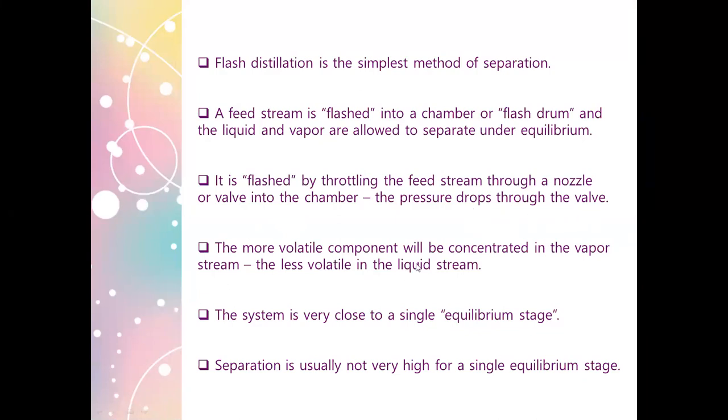The more volatile component will be concentrated in the vapor stream and the less volatile in the liquid stream. The system is very close to a single equilibrium stage, and separation, since it's the simplest, is not very high for a single stage equilibrium process. Although a flash distilling column can be operated with units side by side. You will learn that in the video that I'm going to show you.